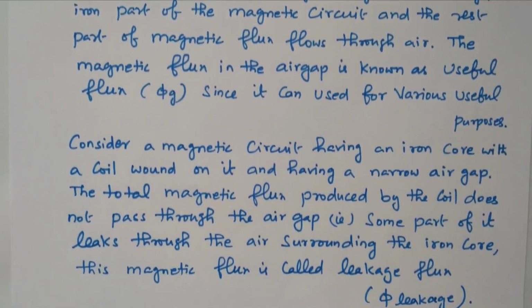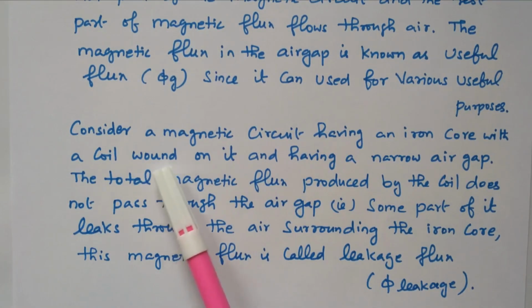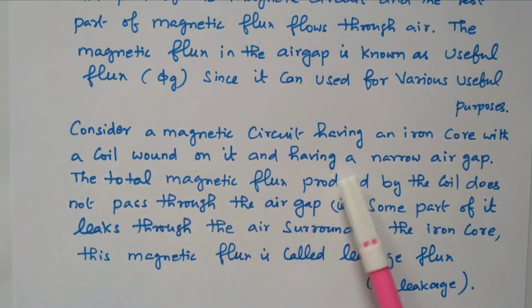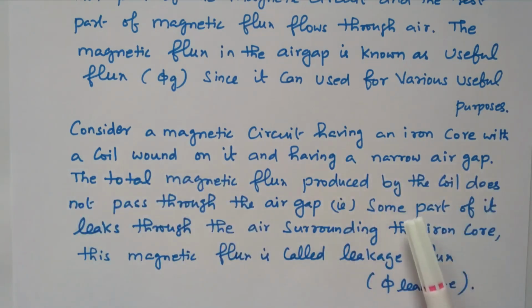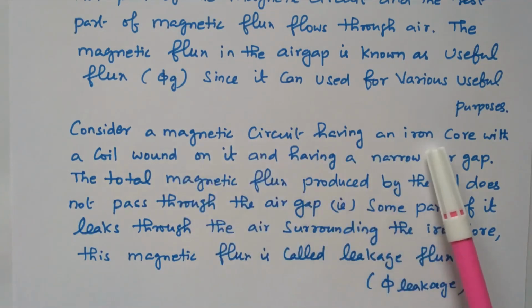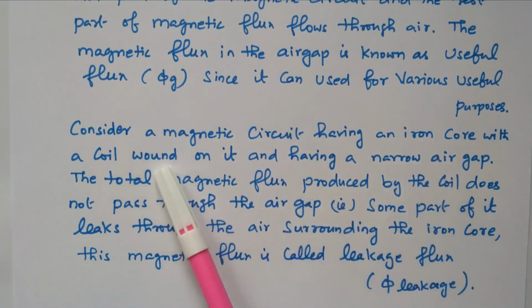At the same time, consider the magnetic circuit having an iron core with a coil wound on it, having a narrow air gap. We discussed the diagram that is given. The magnetic circuit is available, the iron core is there. Over the iron core, the coil is wound and the air gap is available.